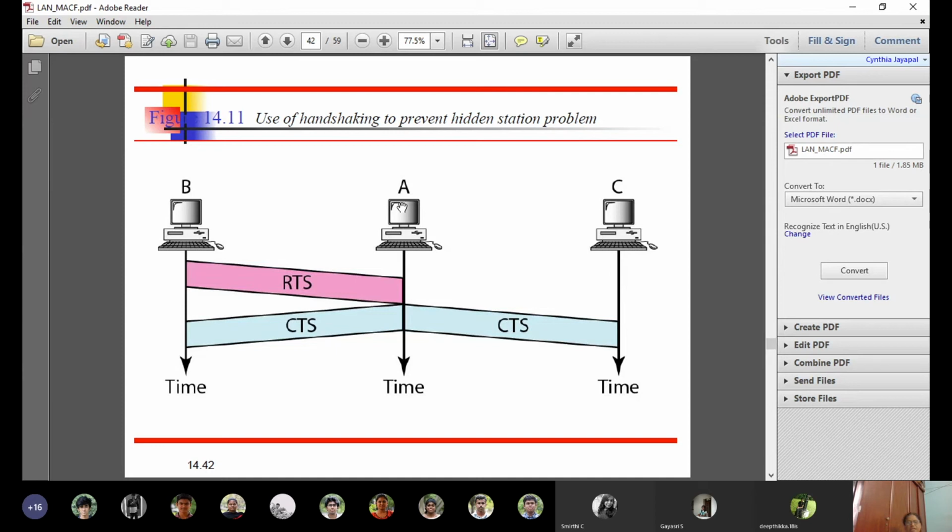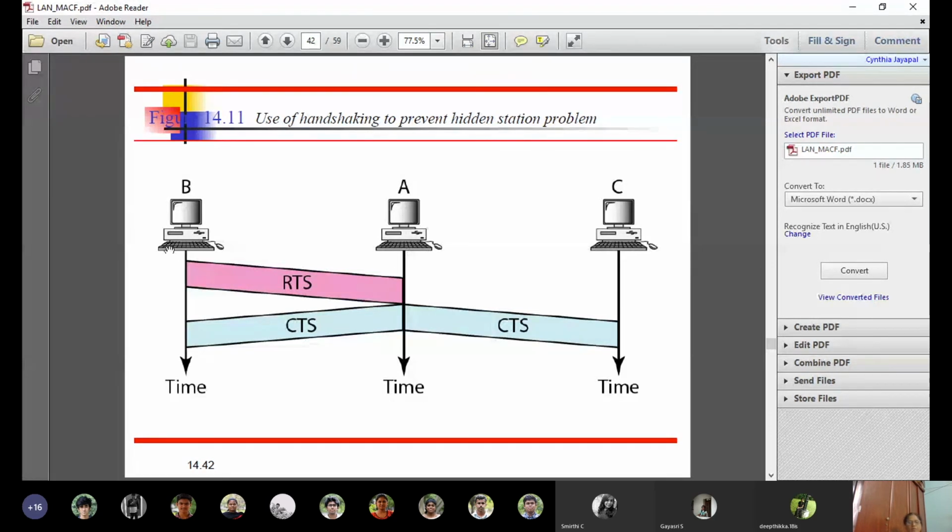When A receives it, it will immediately send a clear to send packet as an acknowledgement. Now, as in the previous case, B and C are hidden stations. As C receives this clear to send, it will know that someone in the vicinity of A is transmitting to A, and therefore C will not transmit to A. This is how the hidden station problem is avoided.